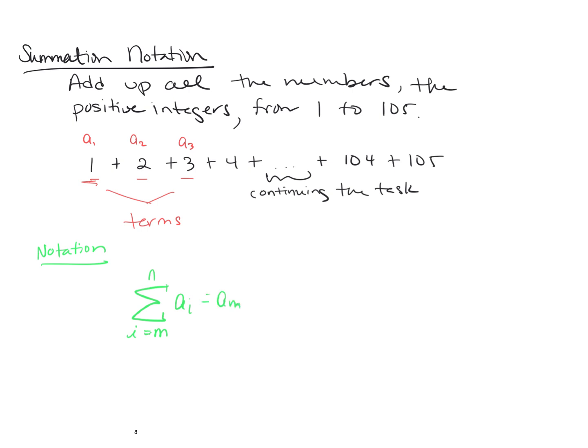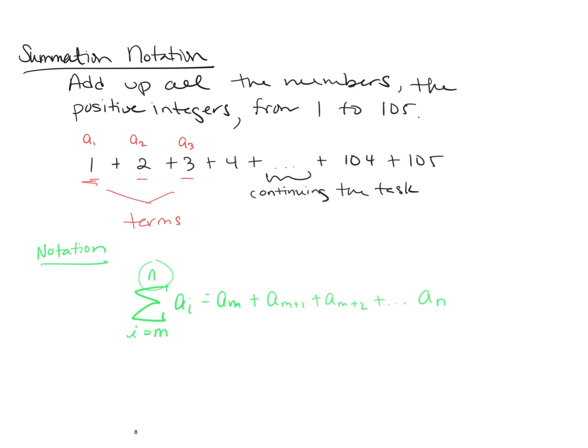I'm going to start with m, then go to the next one. Like here, I started at 1. Now to get to the next one, I added another one. So I did m plus 1, because this is increasing by 1. So m is 1, now it's 1 plus 1, it's 2. And then I go again to 2, and I keep going until I get to this final n, and I just end with a sub n.